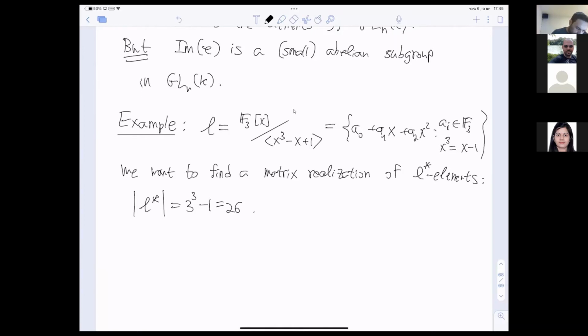I mean, this L is the span over F3 of 1, x and x squared. This is what is written here. I mean, all the possibilities to take a0 times this plus a1 times this, plus this. That's the span. Okay, we don't have to write it. So this is the basis.